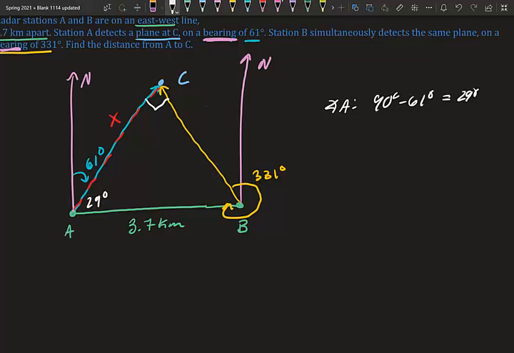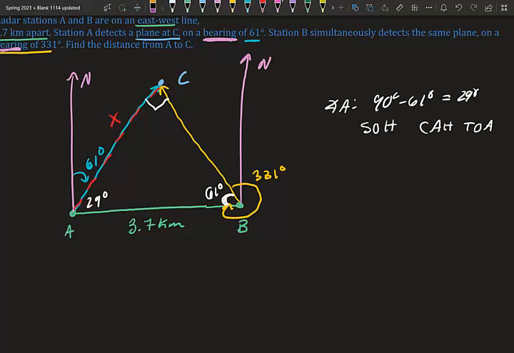Now let's find this angle right here. Alternate interior angles share the angle with 61 degrees. So now we have our triangle, 29, 61, and 90. That's how we would find the rest of the information if it weren't given.